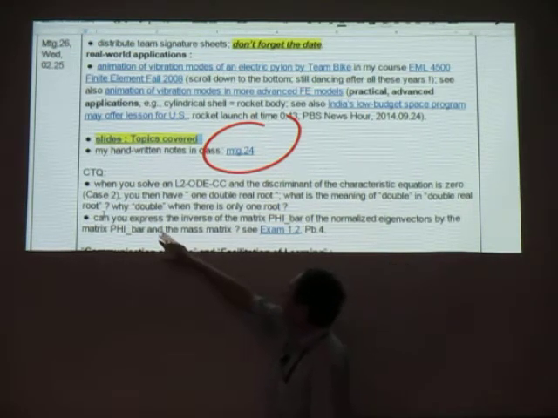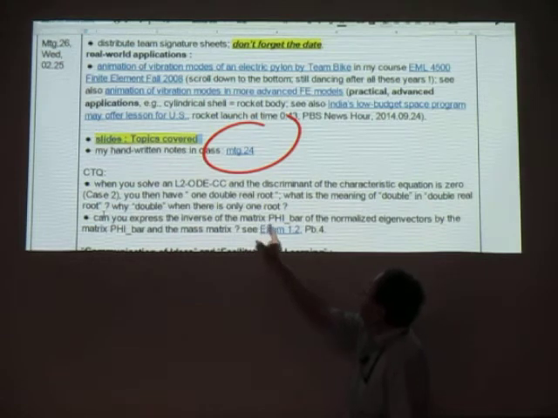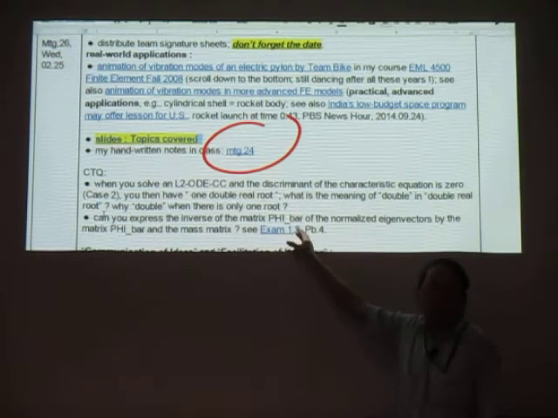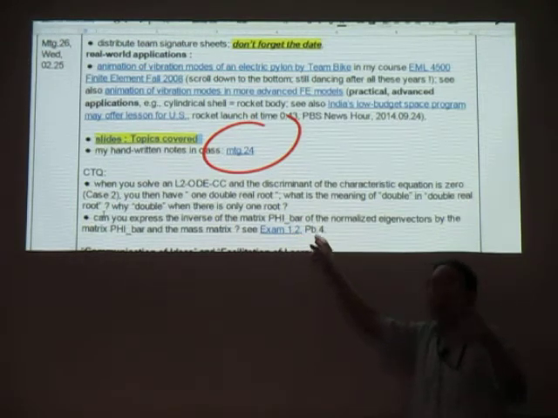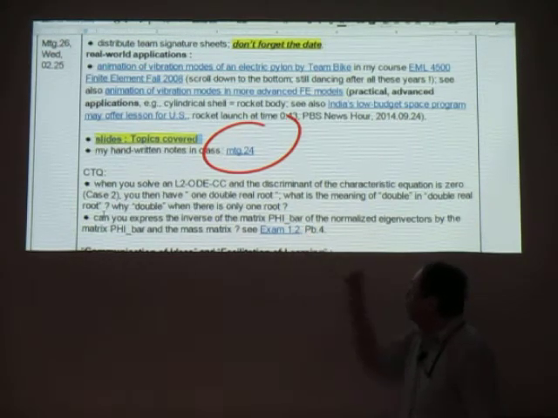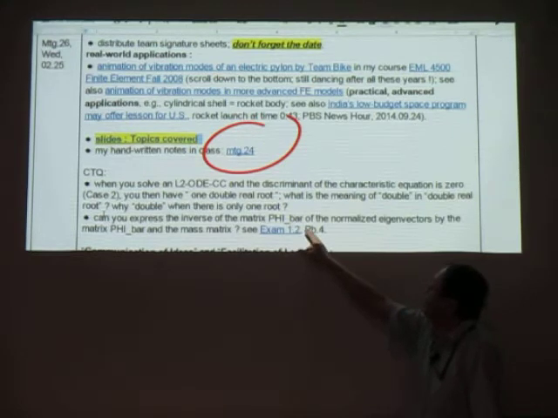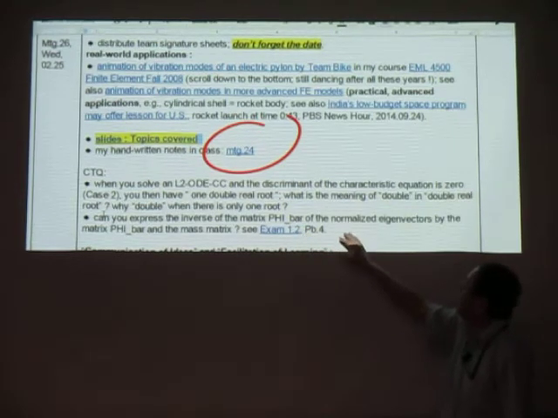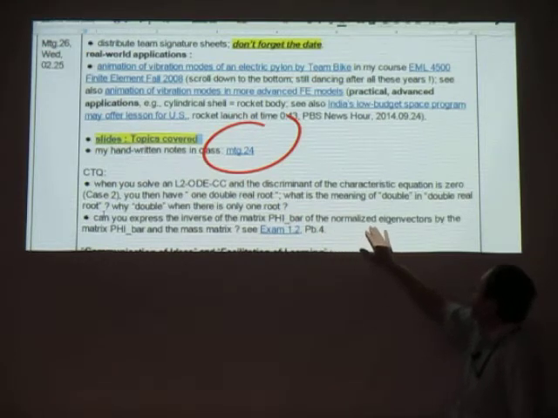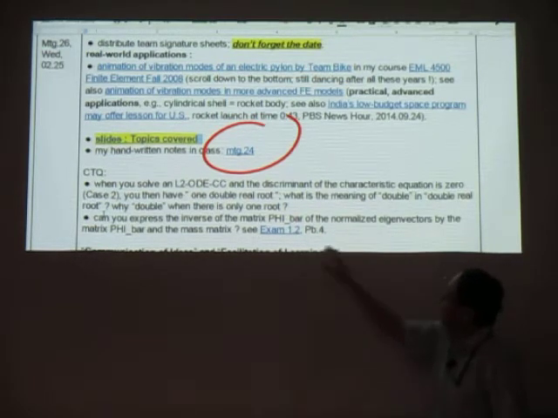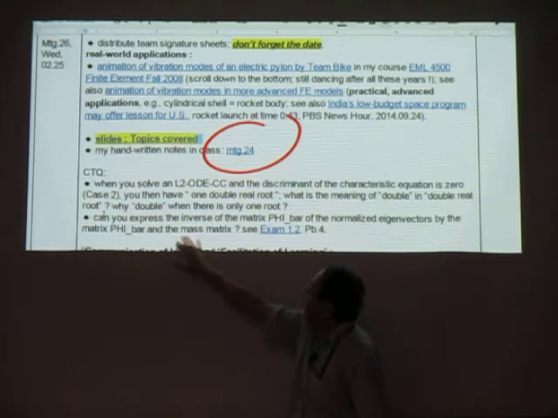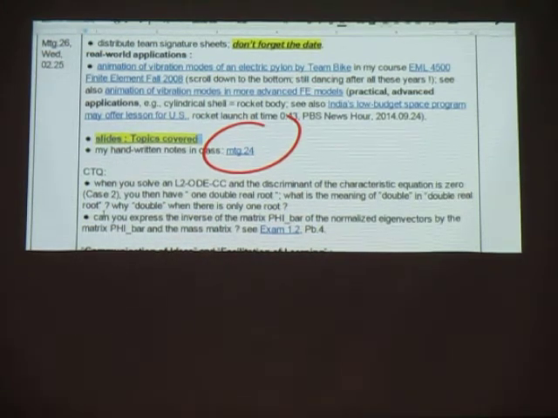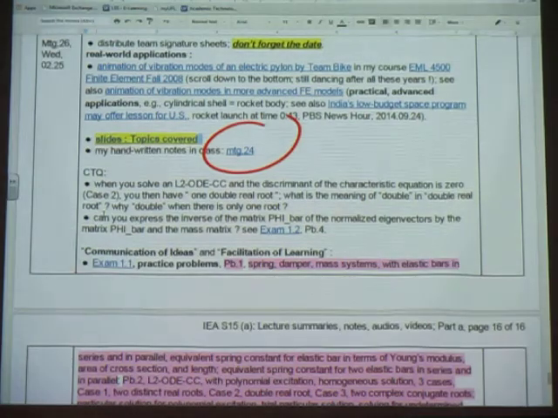So the question is, can you express the inverse of the matrix phi bar? I will replace this with the actual equation image. Phi bar is the matrix of the normalized eigenvectors, and the expression involves the matrix phi bar and the mass matrix. That's one of the questions in exam 1.2.